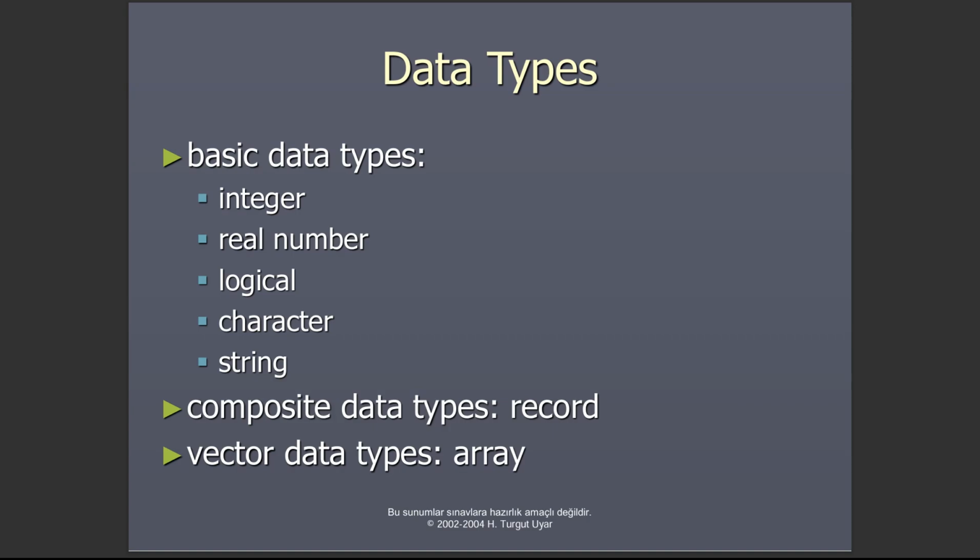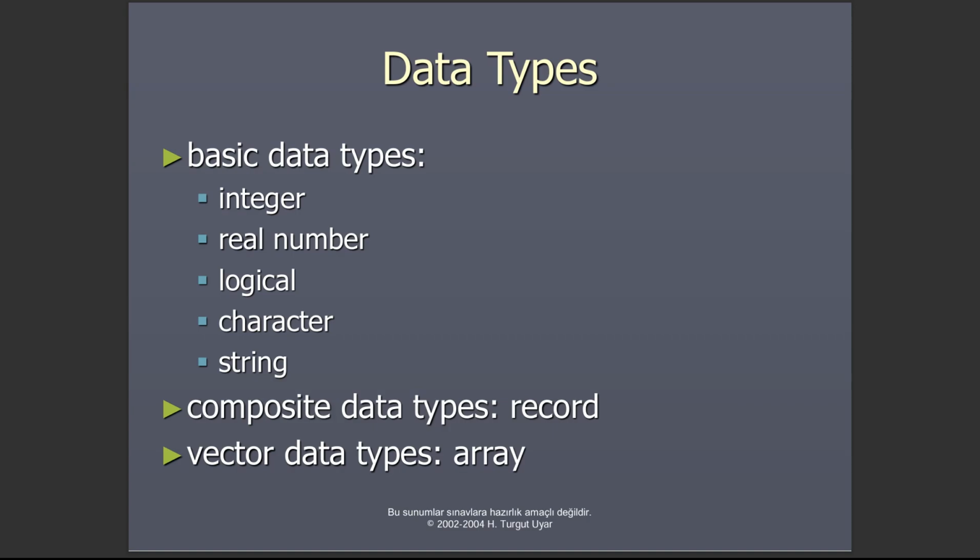Basic data types, these are simple types like numbers and letters: real number, logical, char, string, integer. And composite types, these are combinations of different types. And vector data types, these are lists or arrays of data. So arrays store more than one number or string. Each type is important for different kinds of programs.